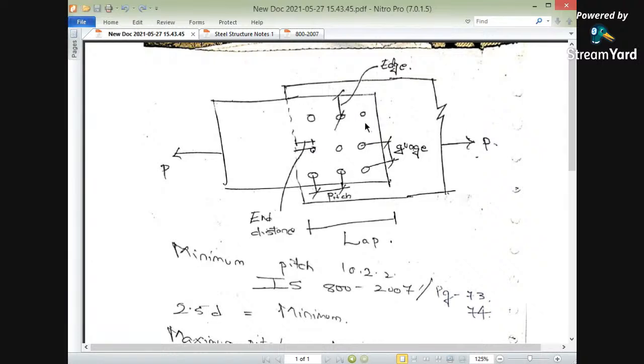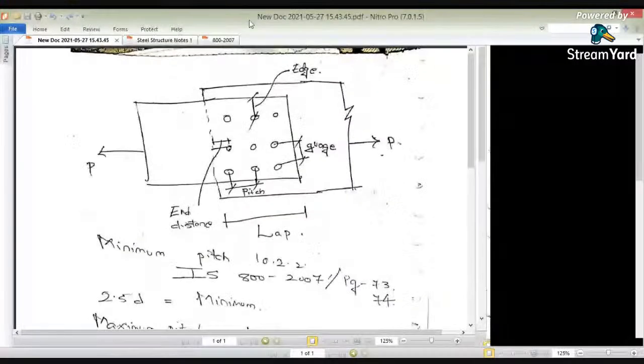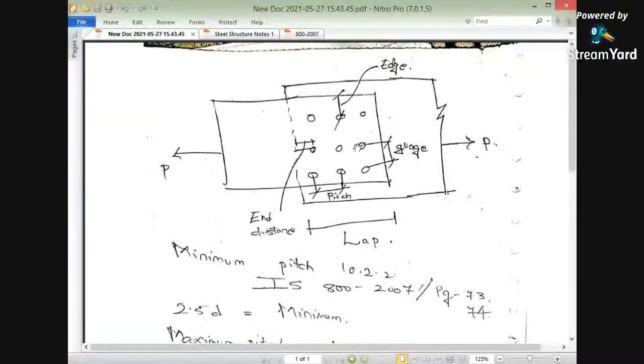So what are the different criteria, or the basics, regarding these connections that we have to see? First, what is the pitch value here? The load is taken as a tensile force in the x direction.